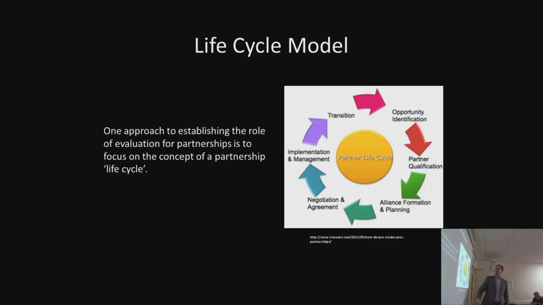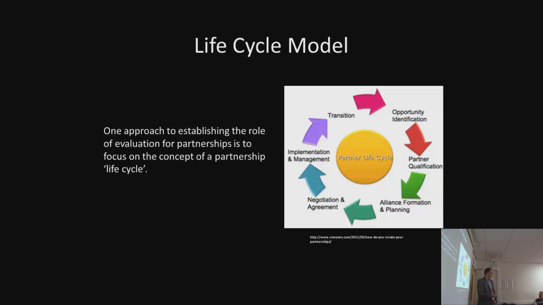The partner life cycle model starts with partner opportunity identification. Then you have the partner qualification. That doesn't mean they have to have an MSc in project management, but I personally would favor that, no doubt. It's more about looking at the criteria you're looking for. Do they complement?